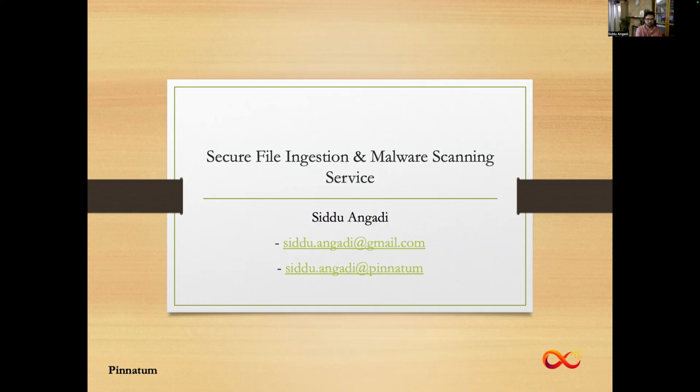If it is infected, it goes to the quarantine bucket. If it is not infected, it is a valid file and goes to the staging bucket for further processing. Once the file has arrived in staging, we have another ETL process, a data modeling process, which takes it further and provides the data as a service to the business users.